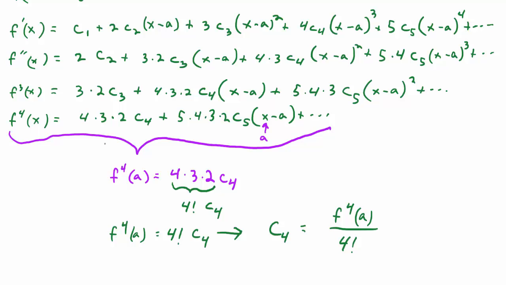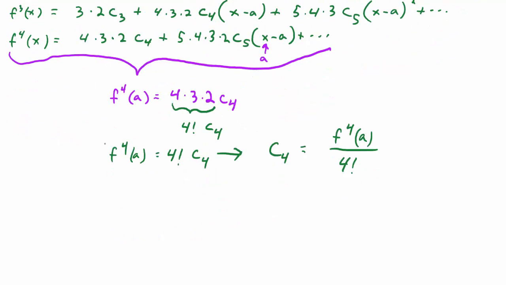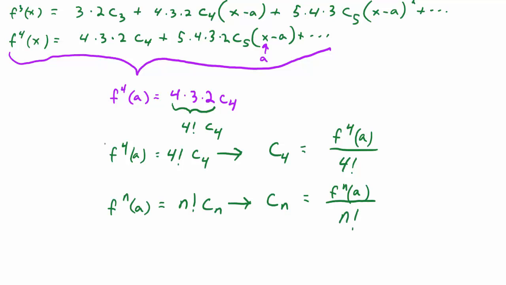But this pattern is going to extend to the nth derivative. So the nth derivative evaluated at a is going to be n factorial times cn, right? And if you don't believe me, just take a few more derivatives. It's great fun. Convince yourself, and then solve for cn, and you get the nth derivative evaluated at a divided by n factorial, and that's it, which is what we wanted to prove, the result we were looking for.